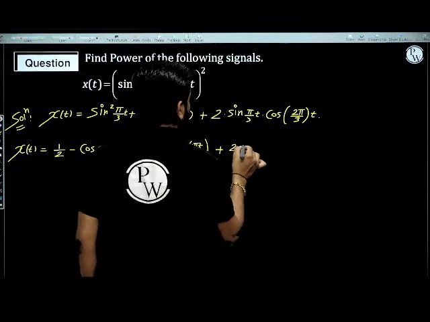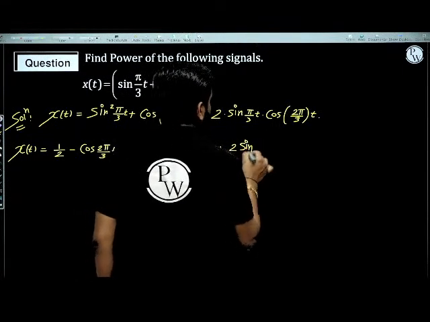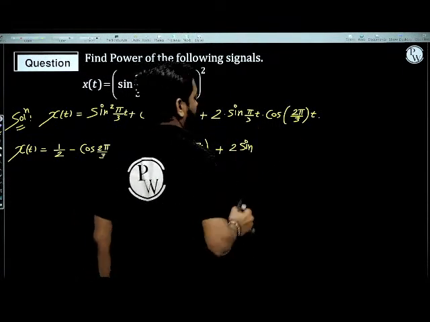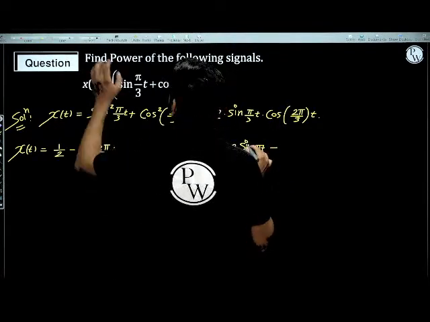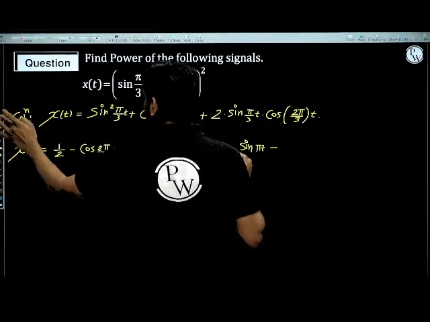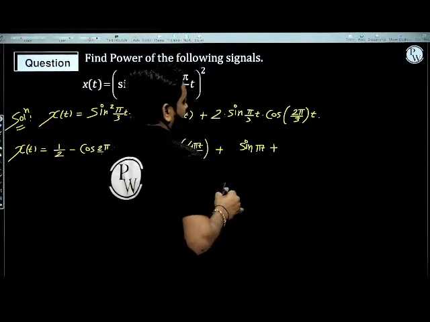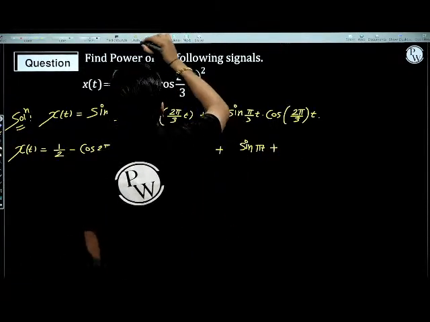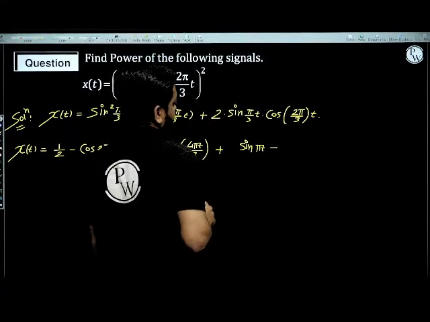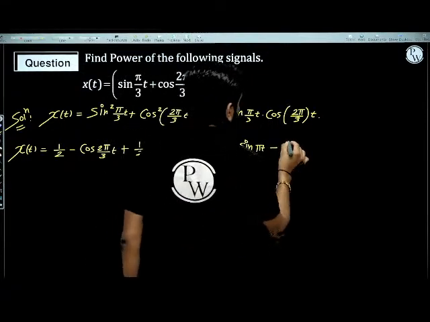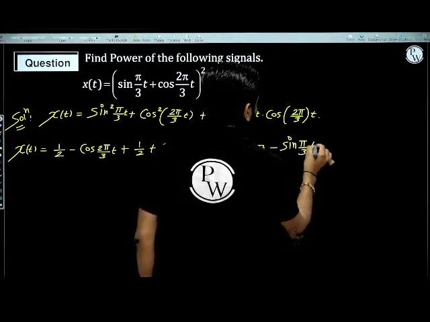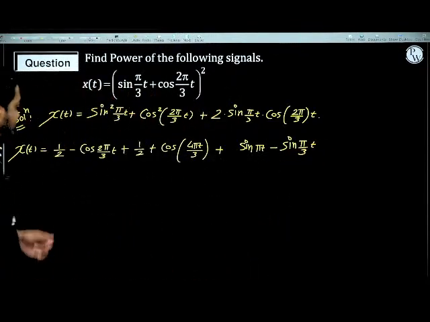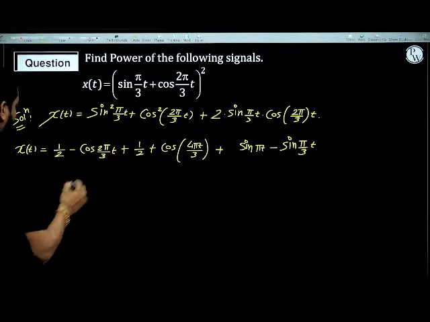Use the 2 SC formula: 2 sin pi by 3 t cos 2 pi by 3 t is sin (pi t by 3 plus 2 pi t by 3), so it is sin pi t, plus sin (pi by 3 minus 2 pi by 3), so it will be minus sin pi by 3 t. Clear? Now 1 by 2 plus 1 by 2.